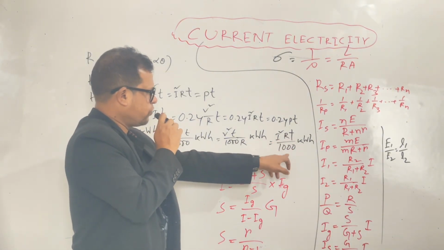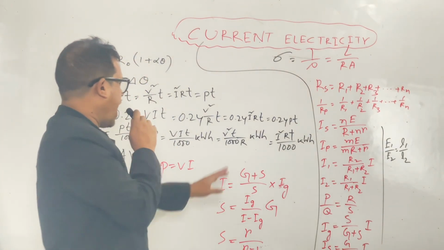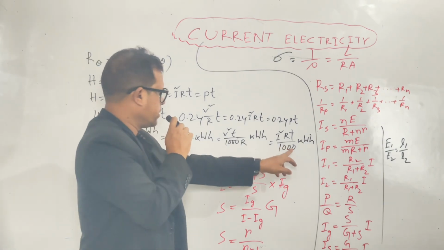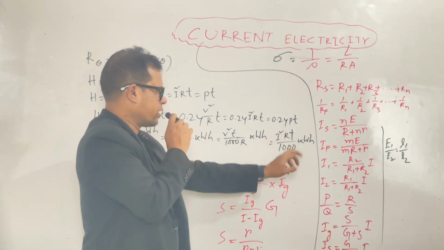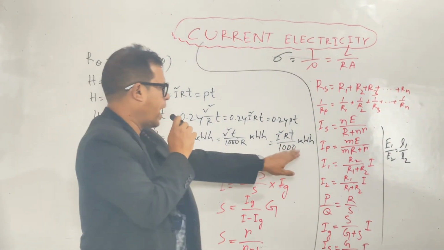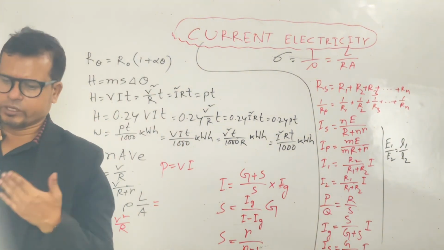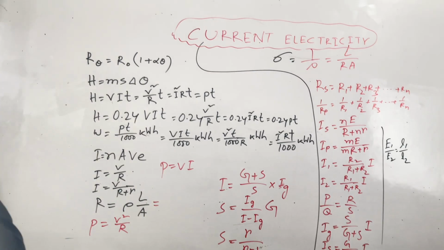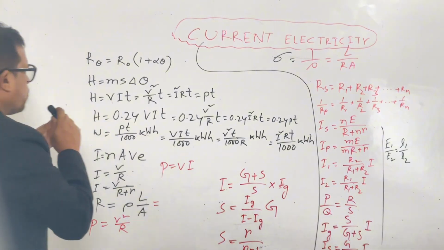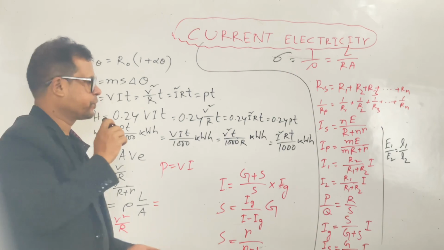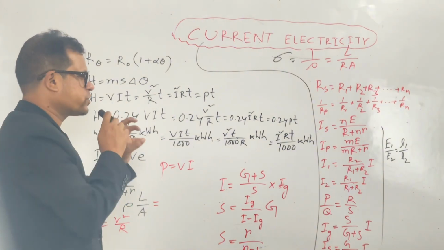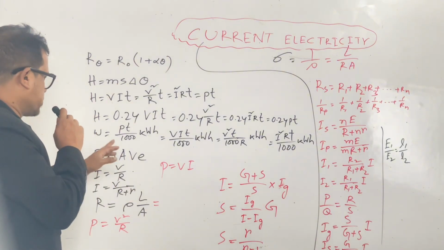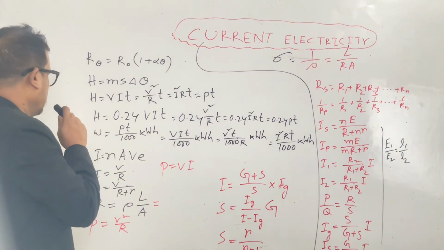I square RT over 1000 kilowatt hour. Here, if the question gives you R and T, then you can apply this formula. Okay, actually from the given information in the question, you can decide which formula you will apply. That's why you have to remember all the formulas here.